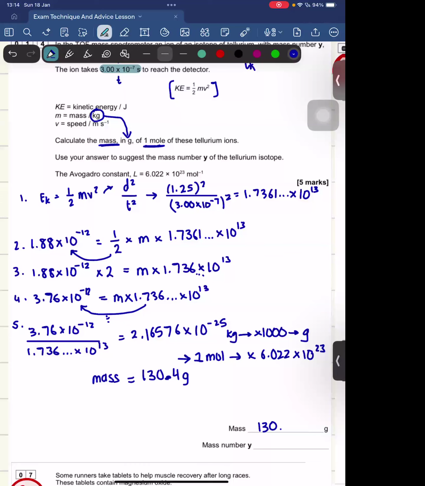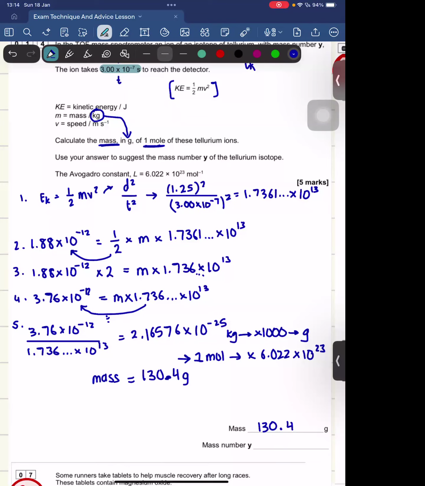Now it also says to use this to suggest the mass number Y of the tellurium isotope. So what it's trying to ask us is not the MR, because you can't have an MR of an isotope, because your MR is all of your isotopes put together to give you your final tellurium element, right? All it wants is the mass number of that one tellurium isotope in that 1 mole. So that's the difference between your MR and your mass number.